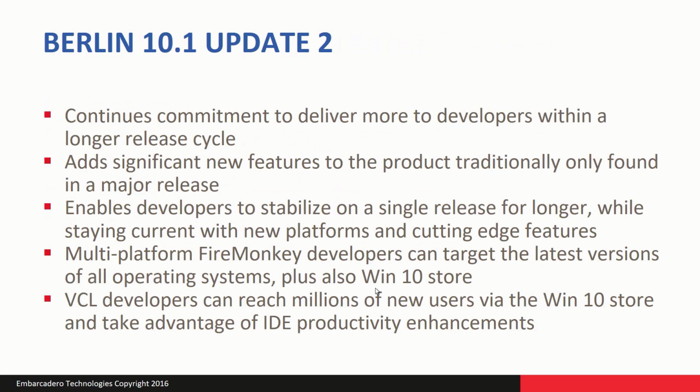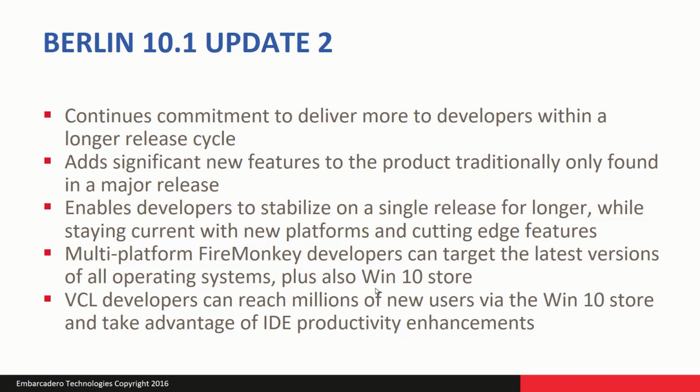So this Berlin Update 2 represents a continued commitment to deliver more to you guys within a longer release cycle. In other words, we're going to do a longer period of time between major releases, and in between those major releases, we're going to be doing feature updates that add value not only by fixing bugs and improving quality, but also by adding features to the product in between the major releases that we do.